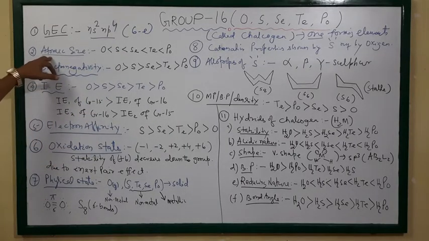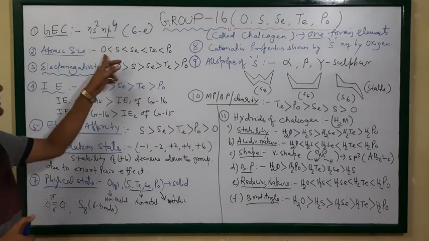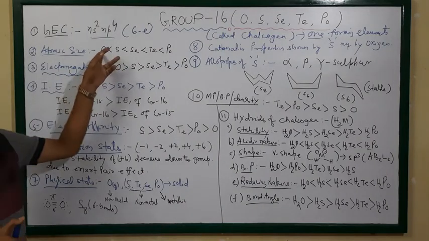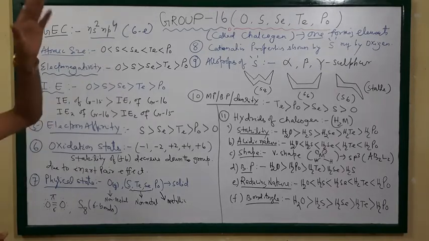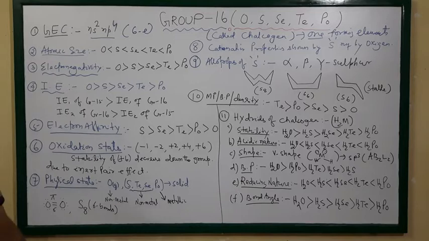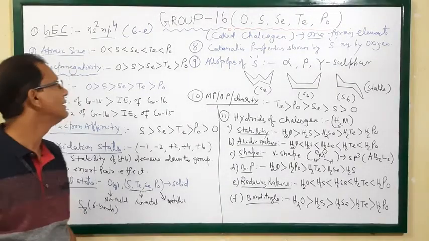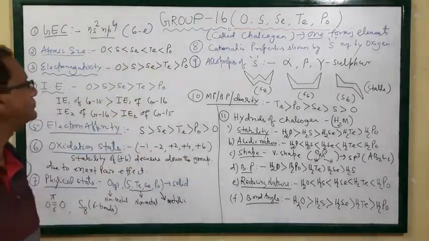Then atomic size. Oxygen is the smallest atom in this group, and atomic size increases from top to bottom due to decreasing effective nuclear charge, so size increases from oxygen to polonium.